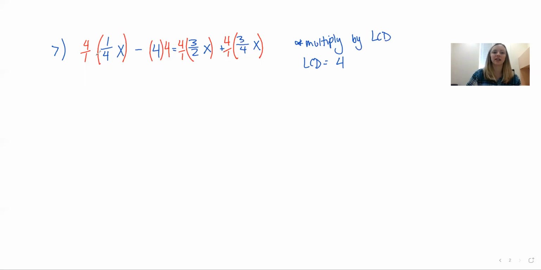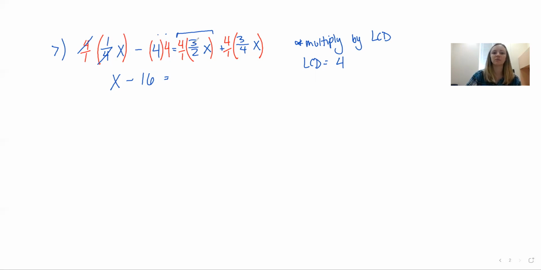So looking at the left side here with the 1/4 x, these 4s cancel out. So we're left with just 1x, which is x, minus 4 times 4 is 16, equals, now on our first term on the right, I'm going to just multiply straight across and then divide, just because they're nice small numbers.